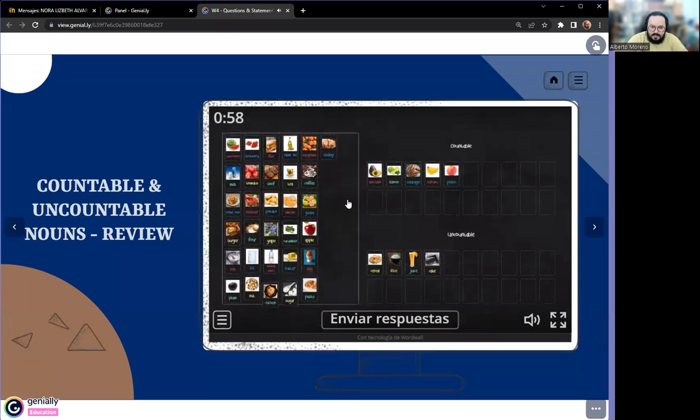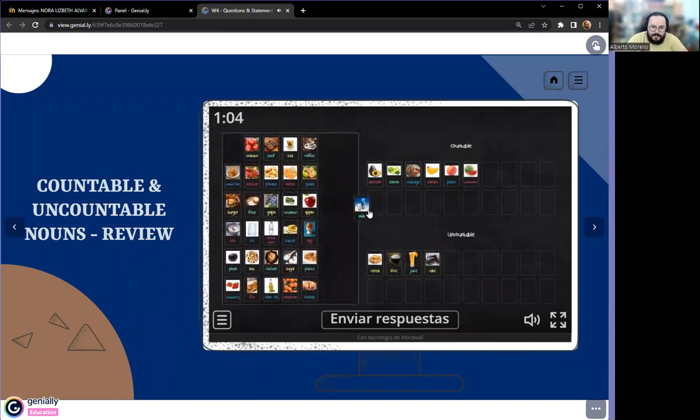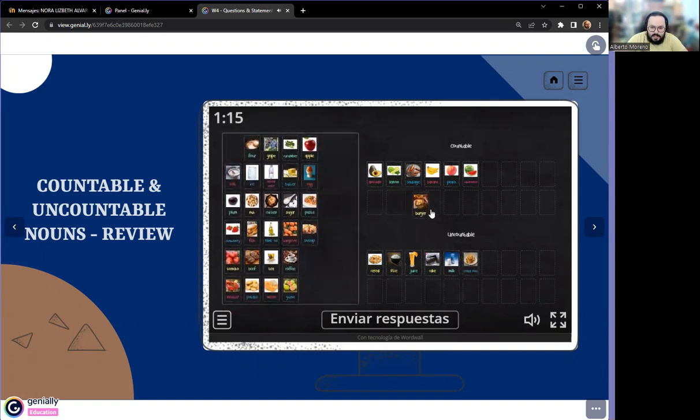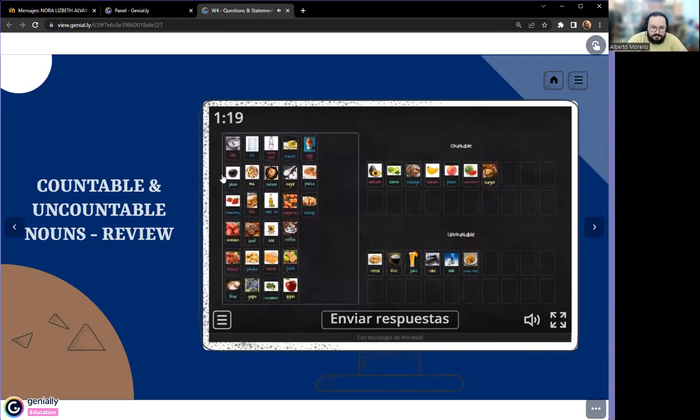Countable. Uncountable. Okay, watermelon. Countable. Milk. Uncountable. Bread. Uncountable. Burger. Countable.